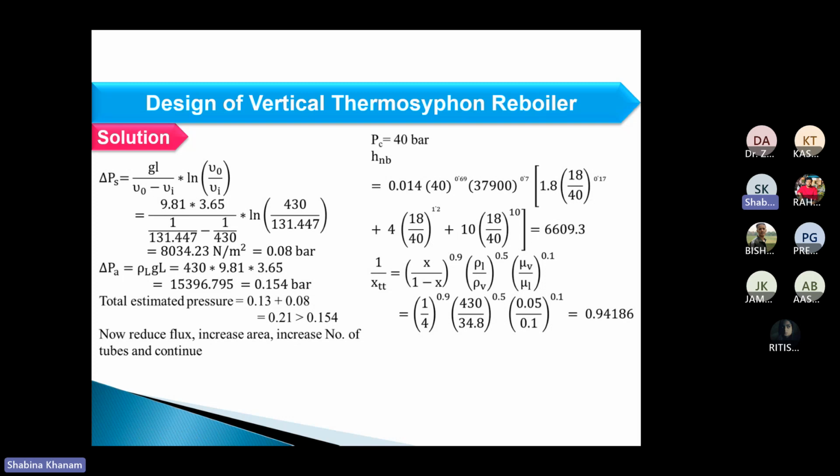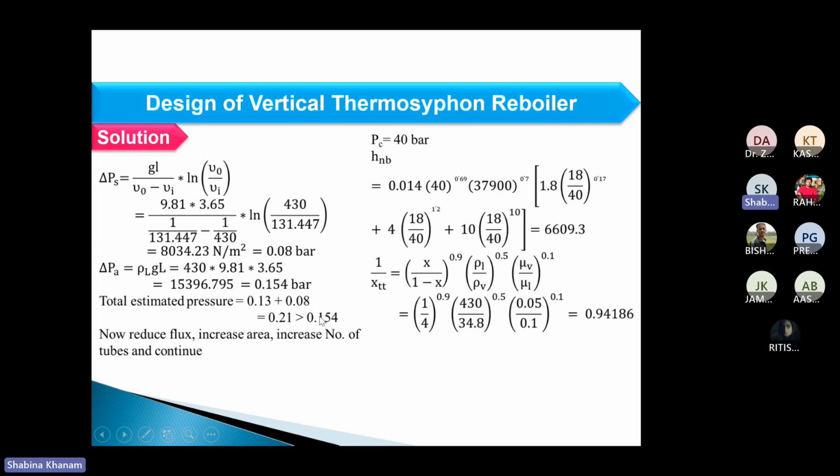And while reducing that, there is another point you should consider, because this reduction in flux will increase the heat transfer area. So you need to reduce the flux only in such a way that this condition would be maintained.